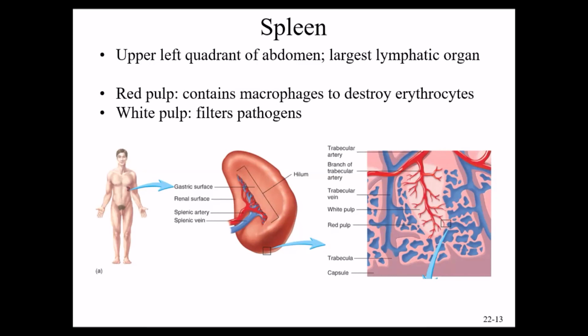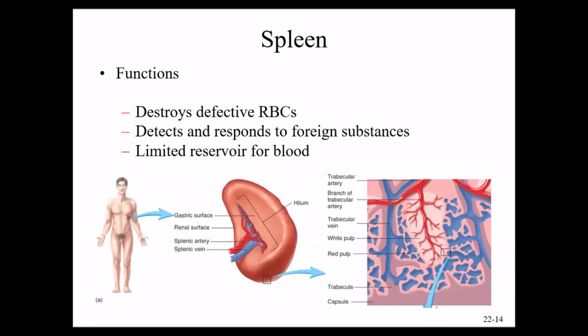When that happens, they get stuck inside the spleen, which filters them out, and in the red pulp area you've got lots of macrophages that will break down those red blood cells. The white pulp area is just your normal type of filter that's breaking down your bacteria or your virus-infected cells, different pathogens.